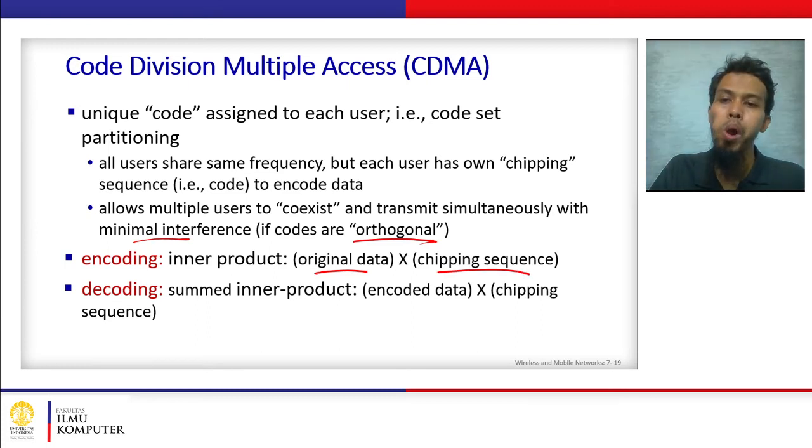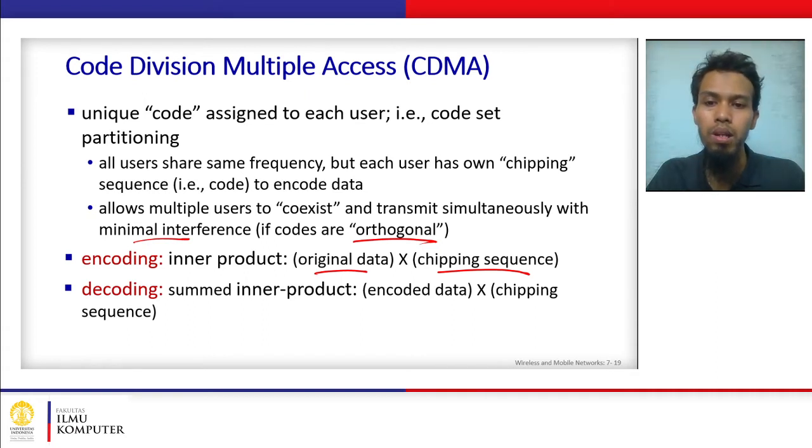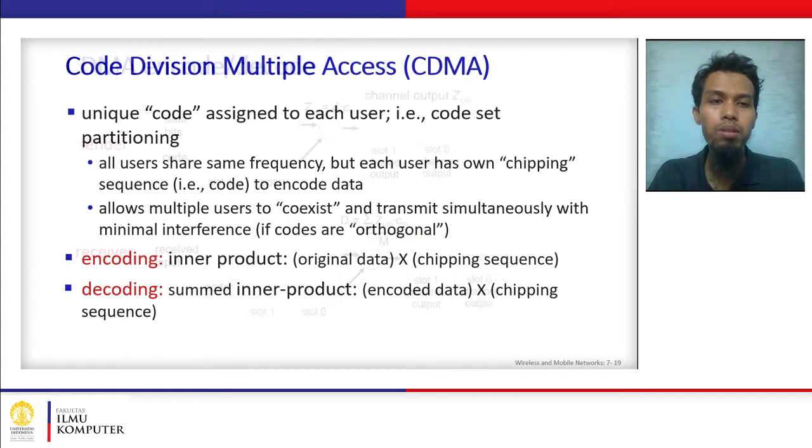For decoding, again we take the inner product of the encoded data and the chipping sequence, but then we sum it together. The encoded data is already a sequence, not just one or zero or minus one. Then we take the sum and divide it by the number of chips in the chipping sequence.